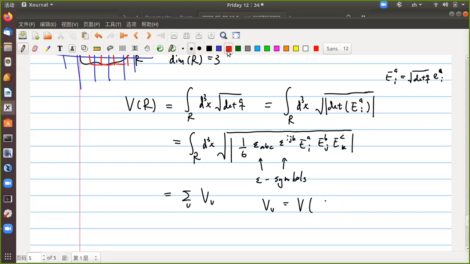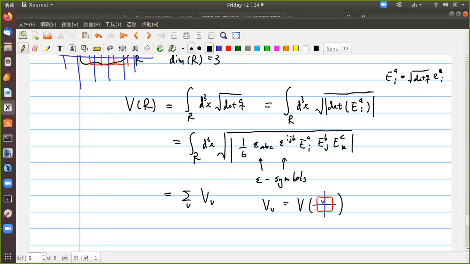This is just this box at v. I am using the picture to illustrate this box. And then the volume of this box is just the same formula as above. The only difference is that you replace R by this box.